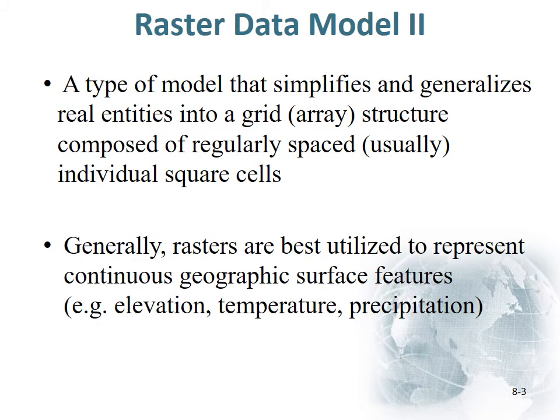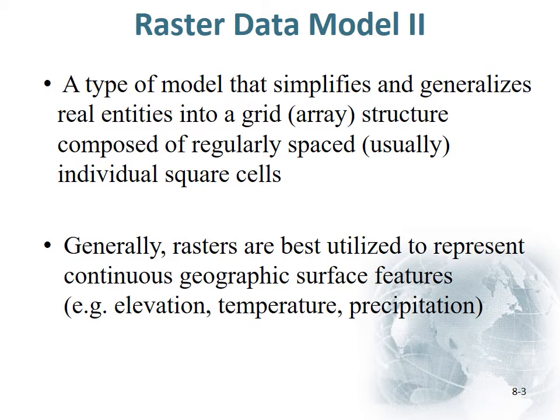So with that general model idea in mind, what is it that raster is very good at? It's depicting surfaces, continuous geographic surfaces. So things like the idea of elevation, environmental properties like temperature and precipitation, things that occur across space that don't have gaps. So continuous forms of data, continuous geographic phenomena, as opposed to discrete geographic phenomena, things that occur at particular locations.